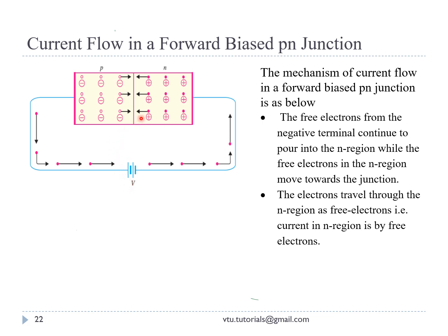In this case, we can see that the electrons flow from the negative terminal of the battery into the N region as free electrons, and these free electrons move from the negative terminal towards the junction.